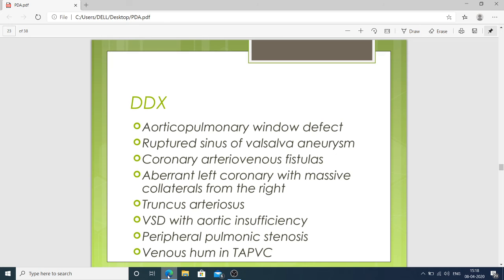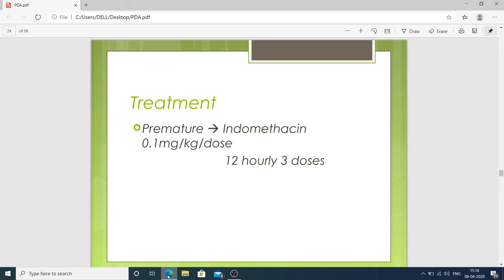Then what is in the DDX? Aorticopulmonary window defect, ruptured sinus of Valsalva aneurysm, coronary arteriovenous fistulas, these kinds of conditions are present.